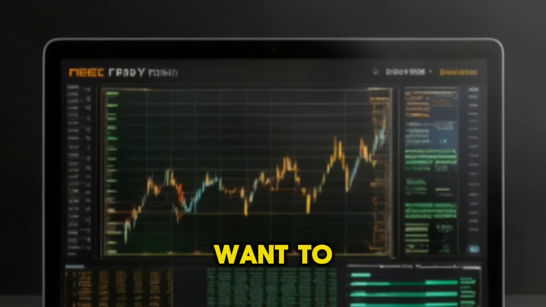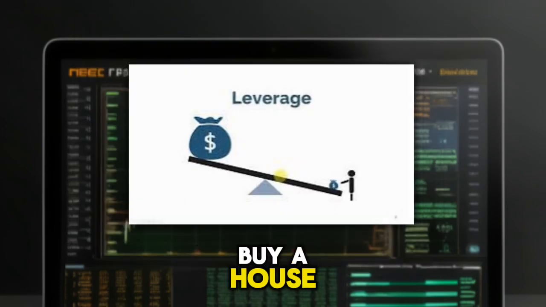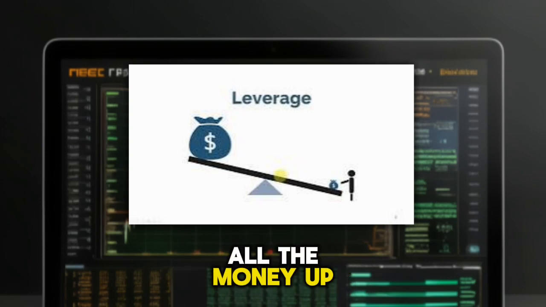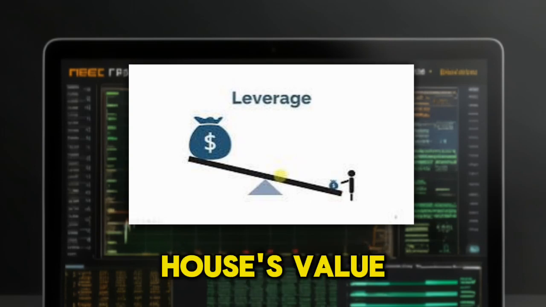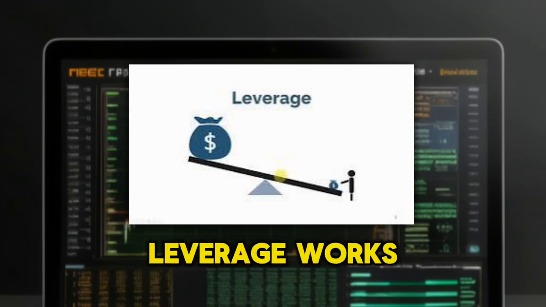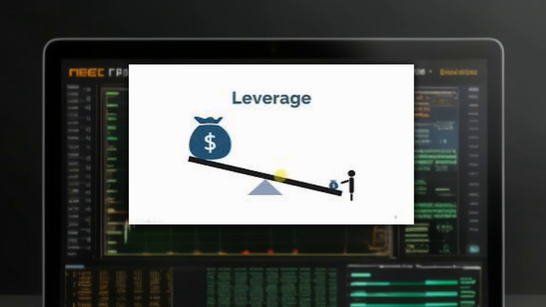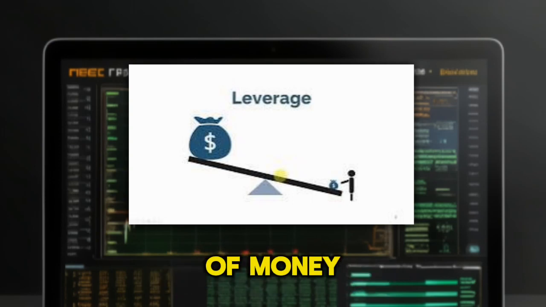The next thing I want to talk about is called leverage. Imagine you want to buy a house, but you don't have all the money up front. So, you borrow some money from the bank and put down a small portion of the house's value as a deposit. In Forex trading, leverage works similarly. It allows you to control a larger position with a smaller amount of money.